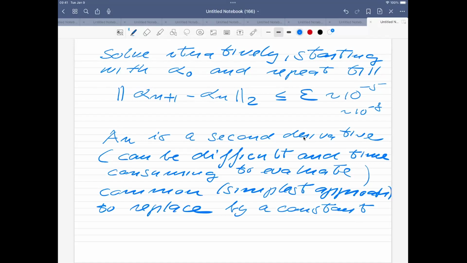So this is a second derivative. And we would then replace this A_n with some constant, which we simply call gamma_n. And gamma_n can be a constant throughout the calculations, and normally it's a small number. Sometimes it's cheaper actually to run the calculations with an array of these constants, which is pretty common in machine learning.